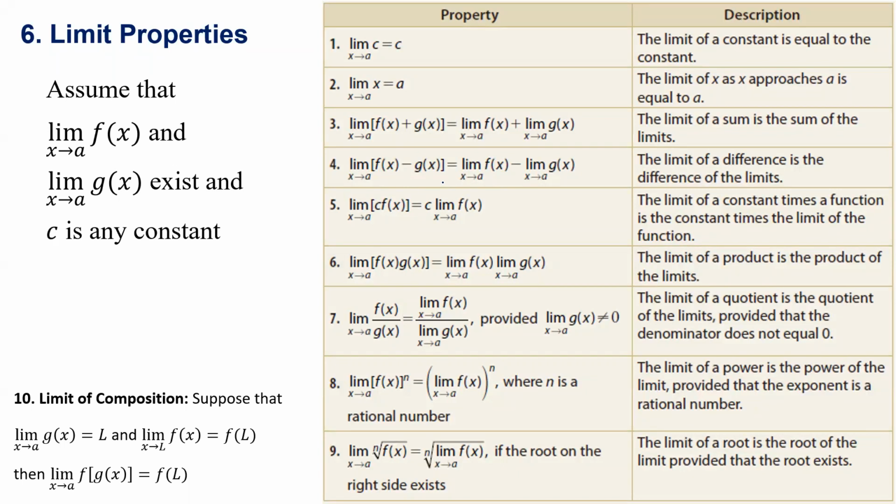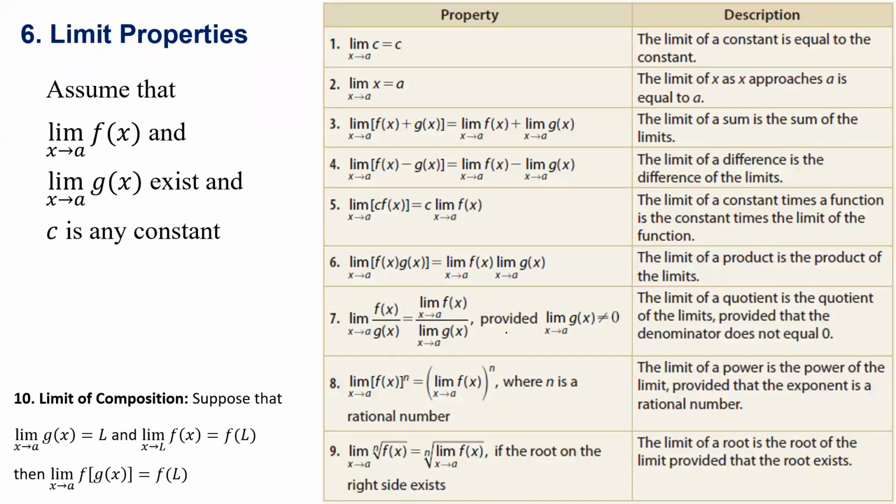And similarly, the limit of a difference of two functions is the difference of the limits of the two functions. And next, the limit of a constant times a function is the constant times the limit of this function. Next, the limit of a product of two functions is the product of the limits of the two functions.